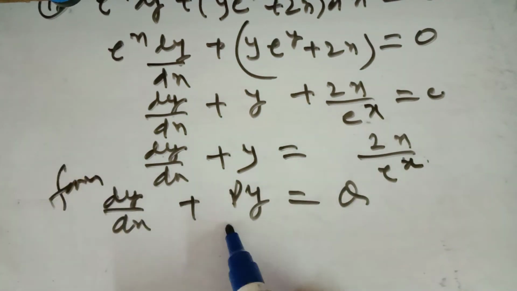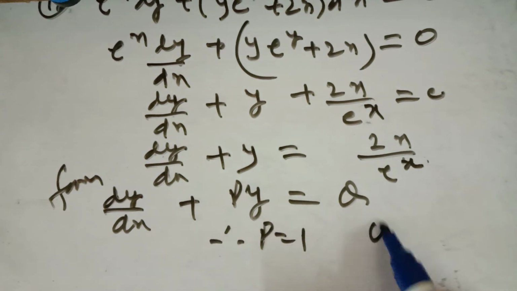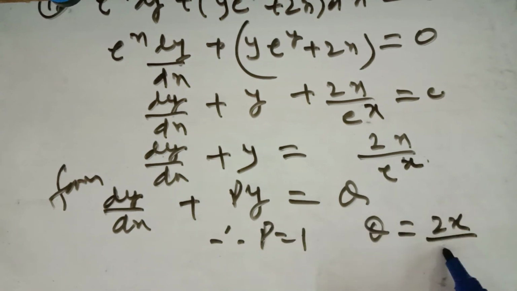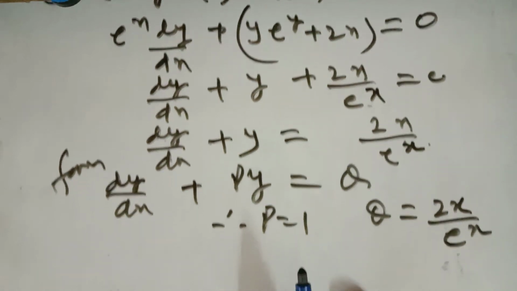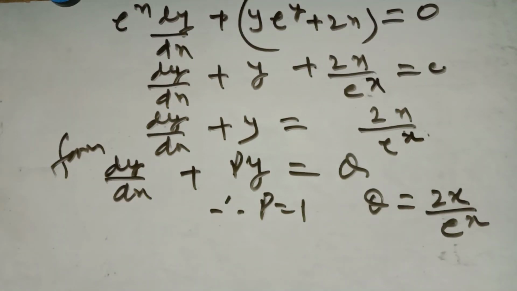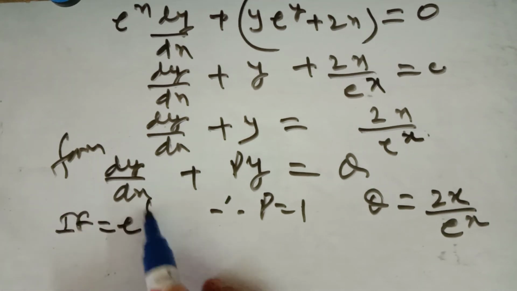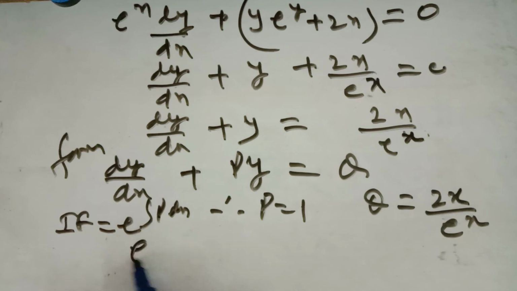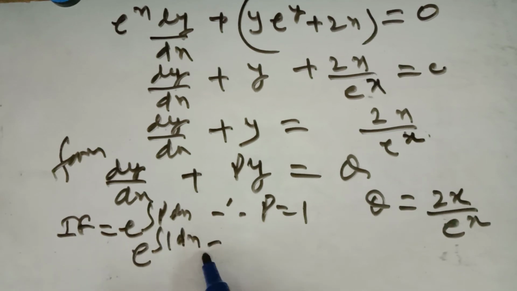Therefore p is equal to 1 and q is equal to 2x upon e to the power x, and you can solve it using the linear differential equation method. The integrating factor is e to the power integral of p with respect to x. So p here is 1, and its integrating factor is e to the power x.